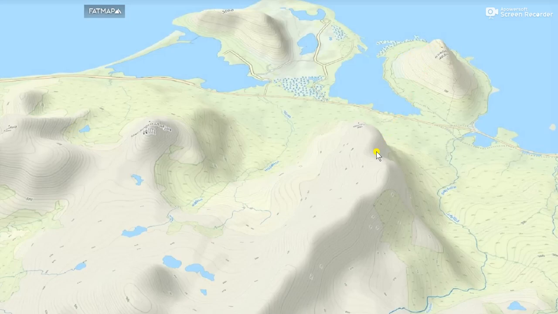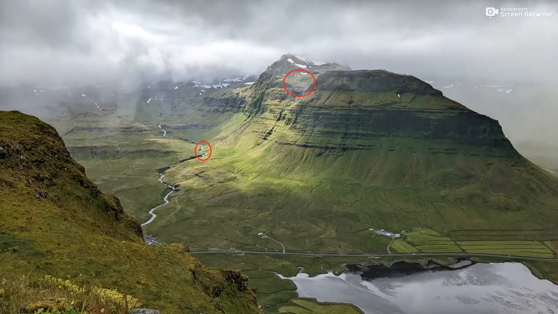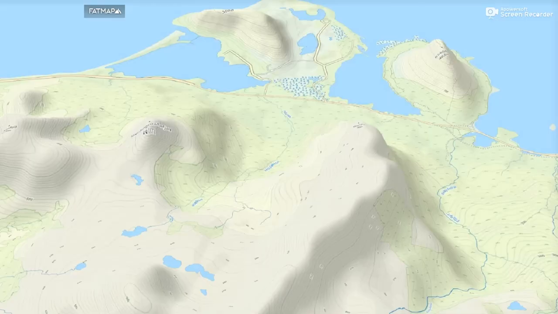So what about the features we're actually looking for, the red circles? Let's look at this one first, this bite out of the hillside directly above this straightening in the river. Using this image we could be looking across, and here you can see there's a chunk out of the hillside above this straightening.